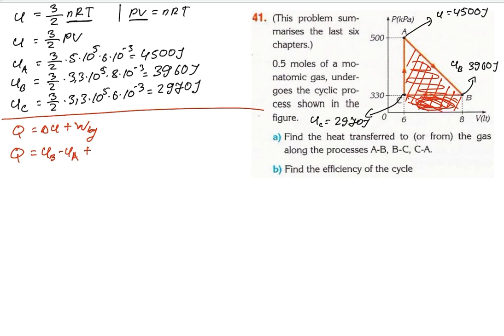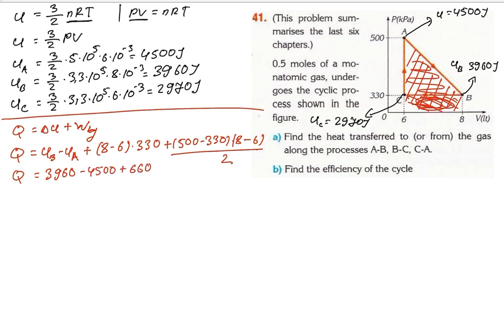So the area of the rectangle is 8 minus 6 times 330, plus 500 minus 330 times 8 minus 6 over 2. So Q will be equal to 3960 minus 4500 plus 660 plus, let me count it, plus 170. So first Q will be equal to 290 joules.